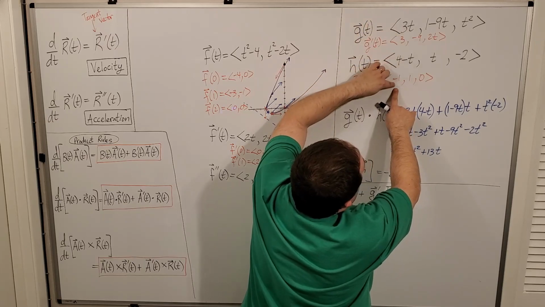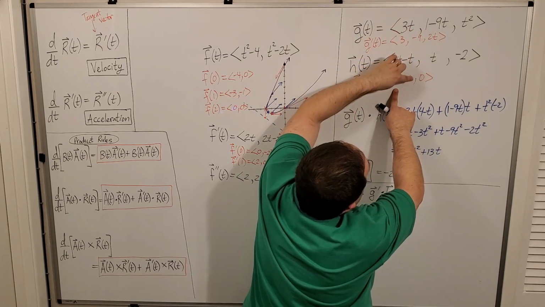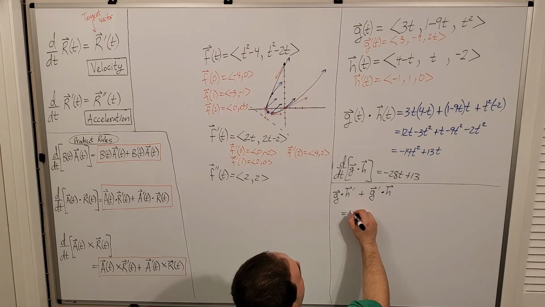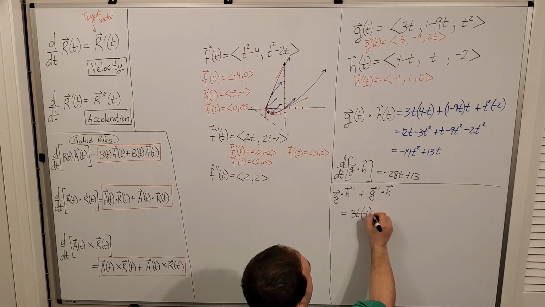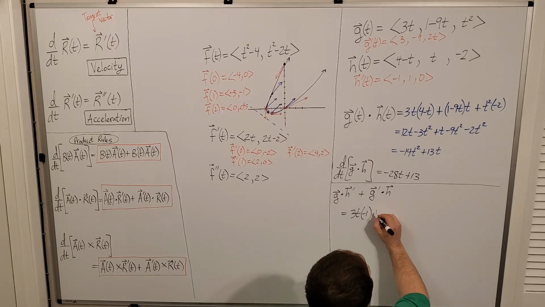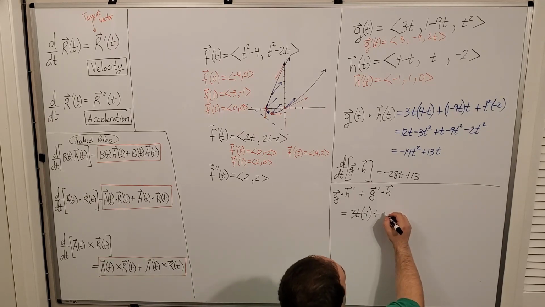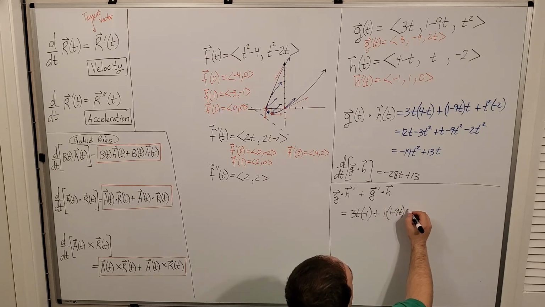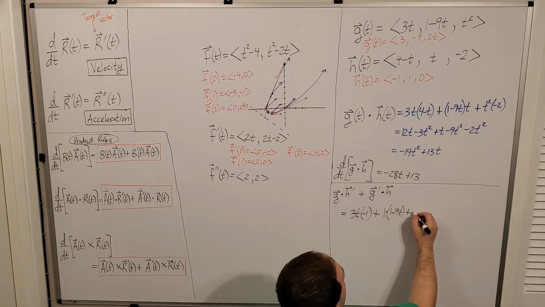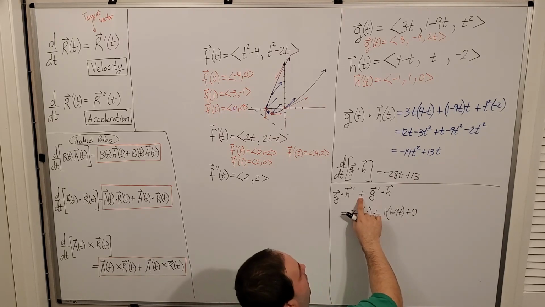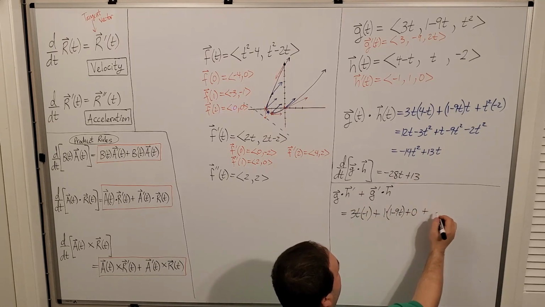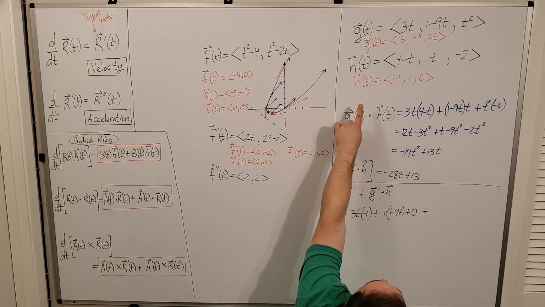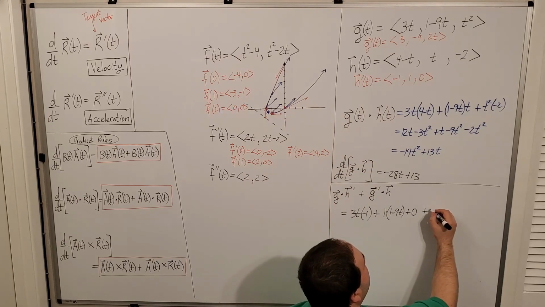So that's 3t times -1, 1 minus 9t times 1, t squared times 0. Okay, so 3t times -1 plus 1 times 1 minus 9t plus t squared times 0 is just 0. Plus g prime dot h. So g prime and then h, that's 3 times 4 minus t.